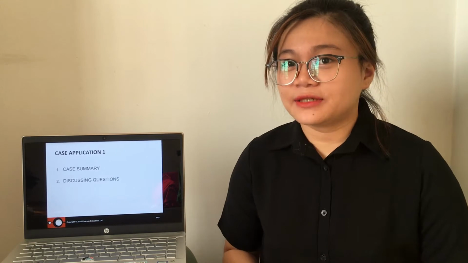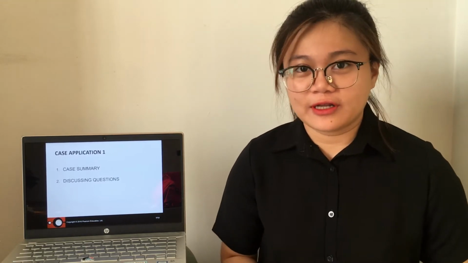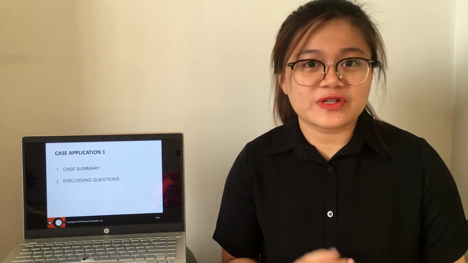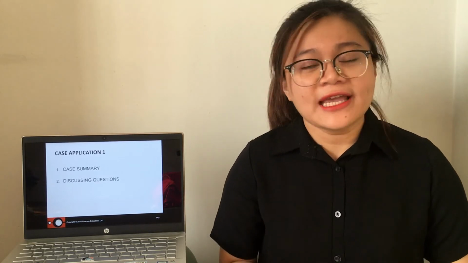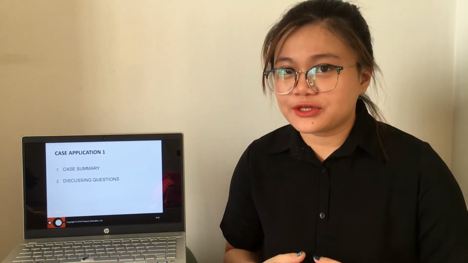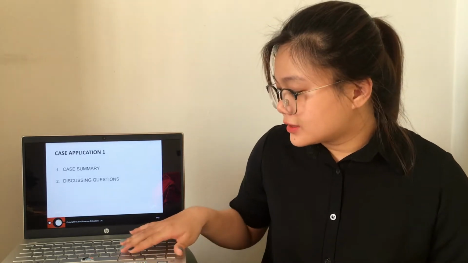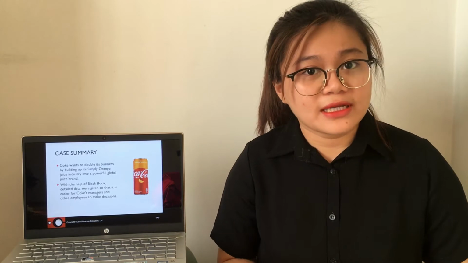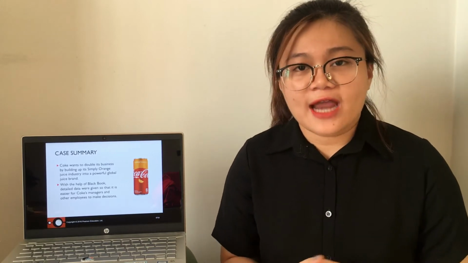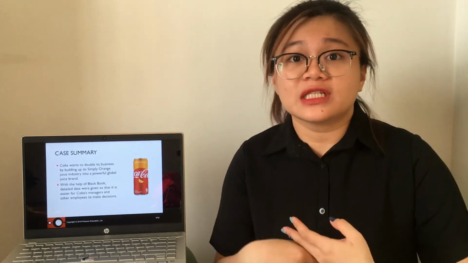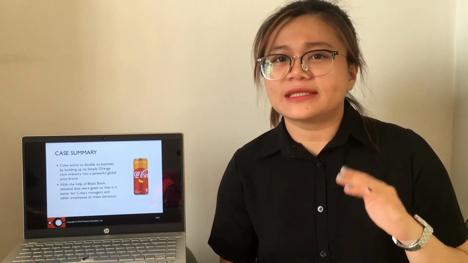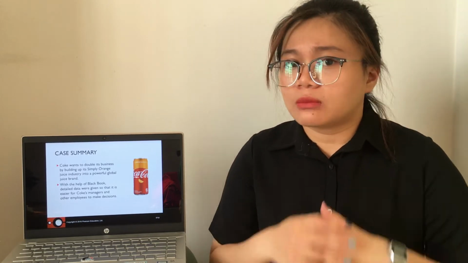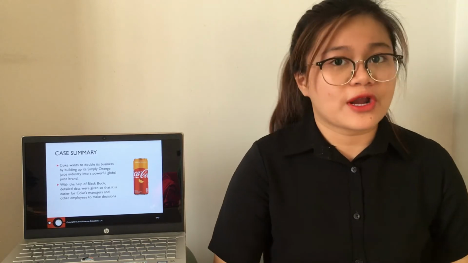So now let's come to the case application 1. First, I'll be briefly summarizing the case to let you know what it is about, and then comes the discussion questions. So let's talk about the case. It's about Coca-Cola company, or Coke for short, and it wants to double its business by building up the Simply Orange juice industry into a powerful global juice brand.